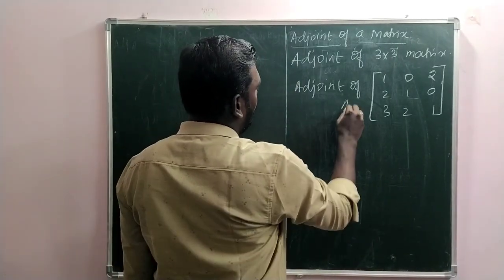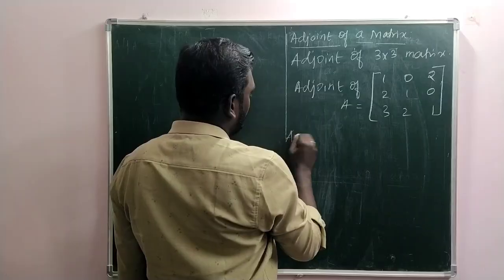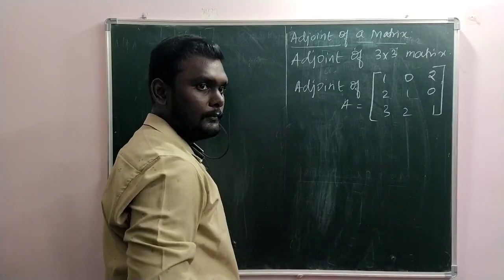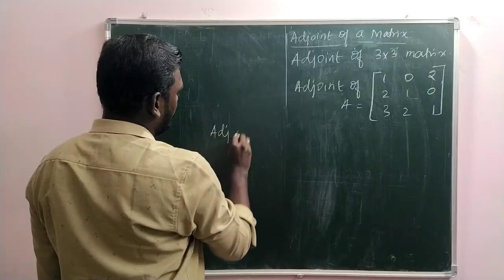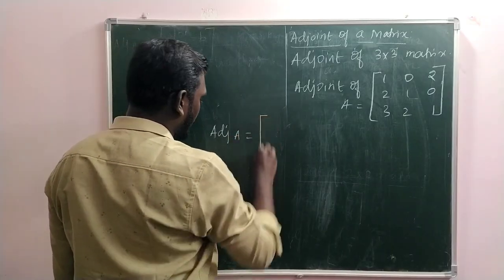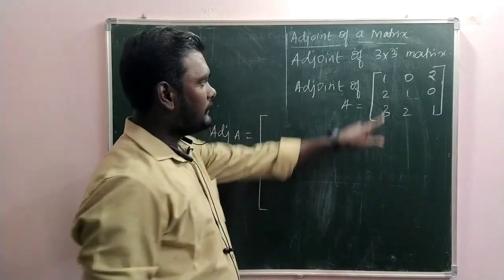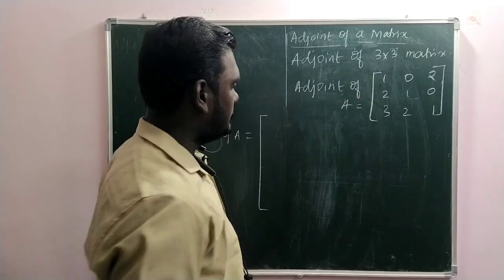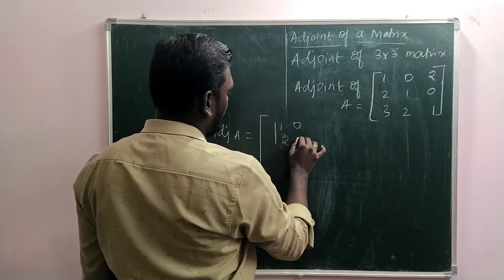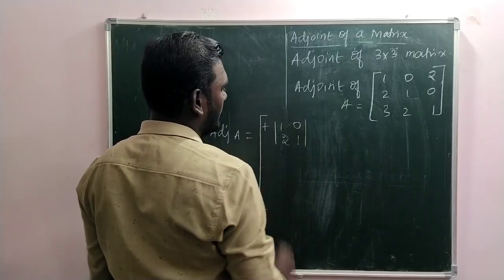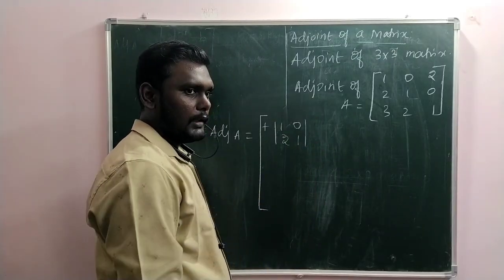Now this matrix, let me call it A. Now adjoint of A means the cofactor matrix. Cofactor matrix means for the first element, what is the cofactor? That is 1 0 2 1 with the positive sign. That is the cofactor, right?